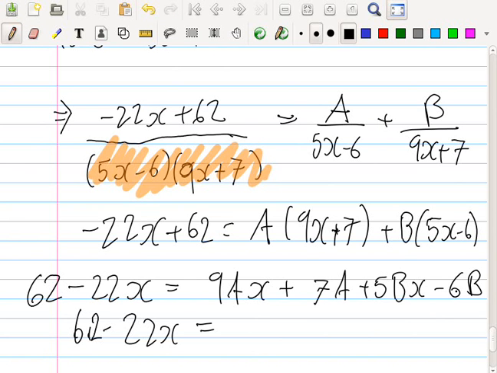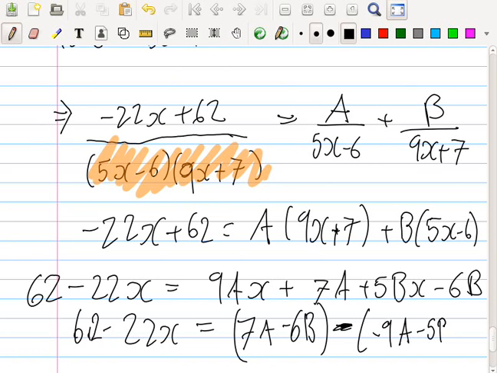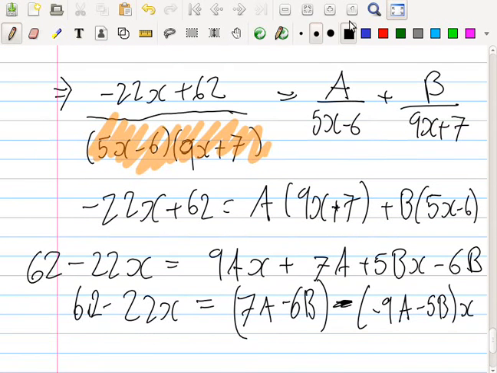So the constants are 7a minus 6b, minus 9a minus 5b x. And the reason I wrote it like this is to make it look identical.